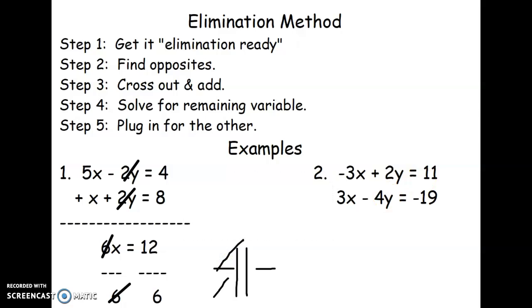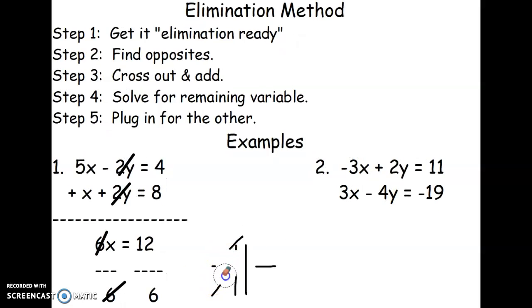Okay. Step 2, find opposites. Do you see opposites? And what are those opposites? Yep, there are opposites. Negative 3x and 3x, those are opposites.